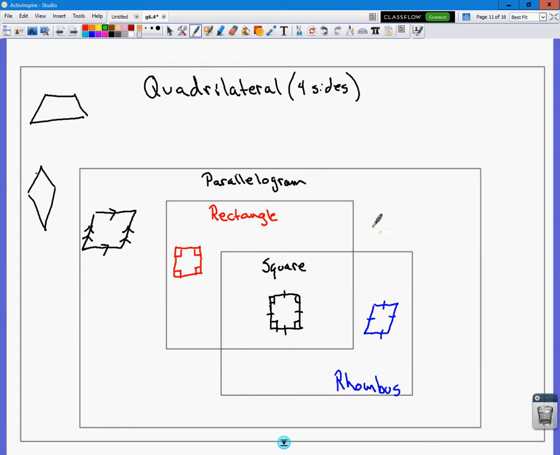All of these are quadrilaterals, but not every quadrilateral is a parallelogram, a rectangle, square, or rhombus. Everybody good? Next slide.